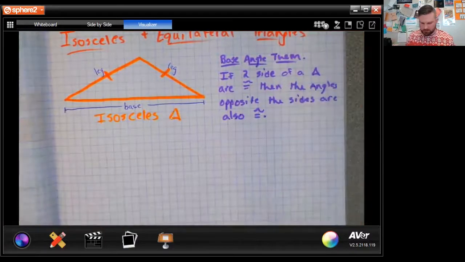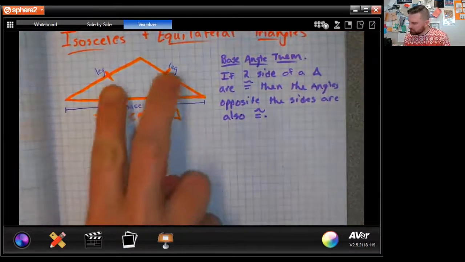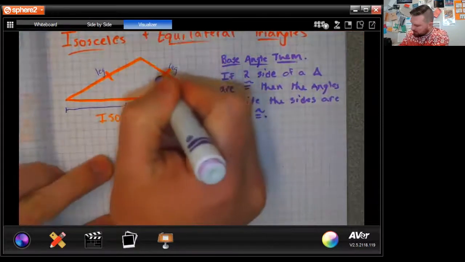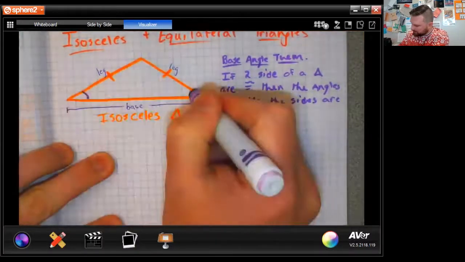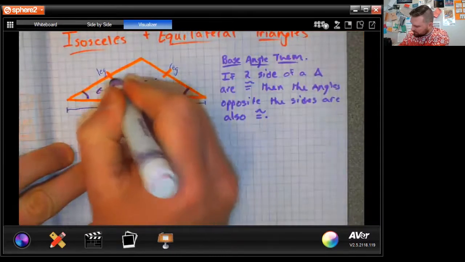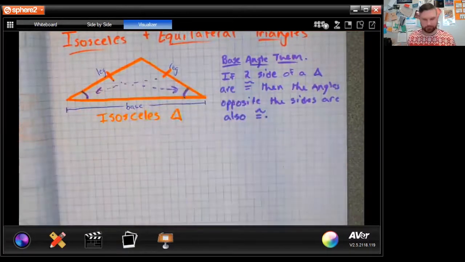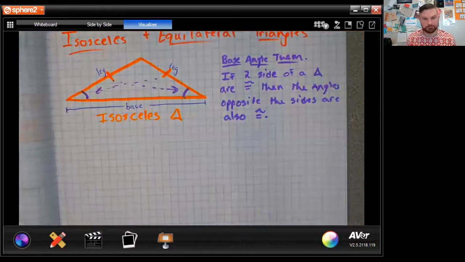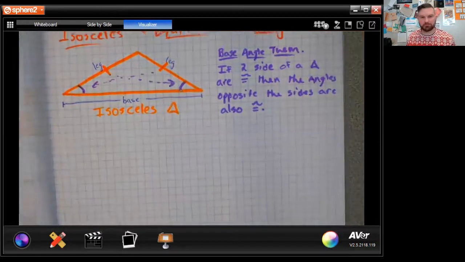So here I have these two sides that are congruent, so the angles opposite of those also have to be congruent. Okay, that is the base angle theorem.